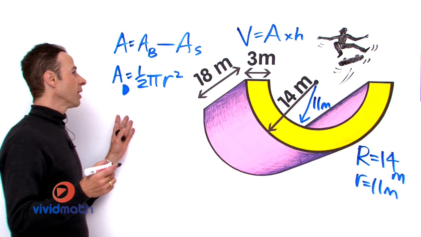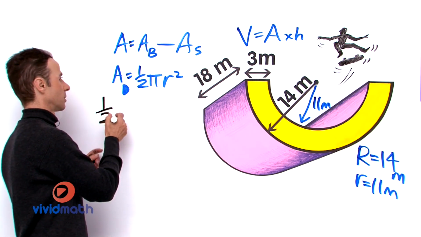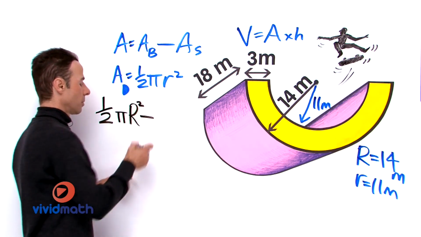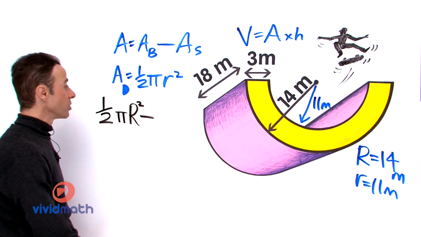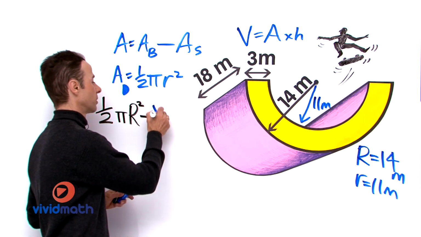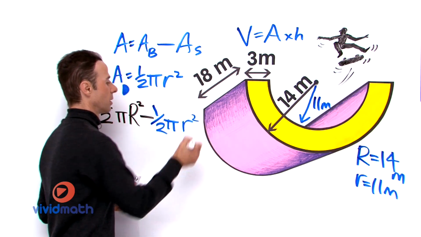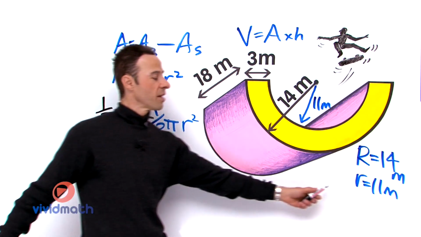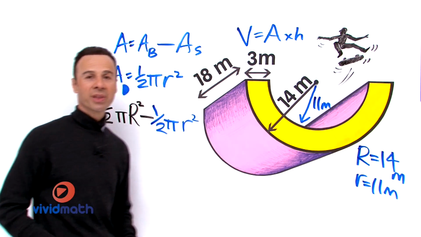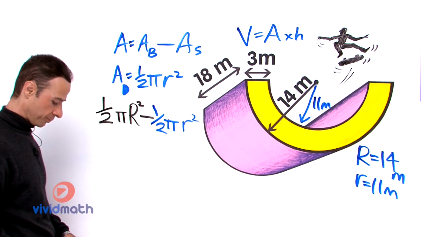So the big semicircle will be minus the area of a small semicircle. Let's use blue for that one. So the small one's going to be, and that's small r. There's our small r there, 11 meters, and our big R right over there, 14 meters. We worked that out earlier. Okay, let's put the values in there.